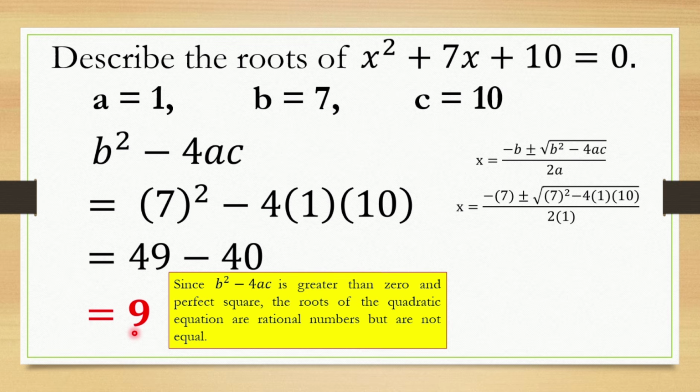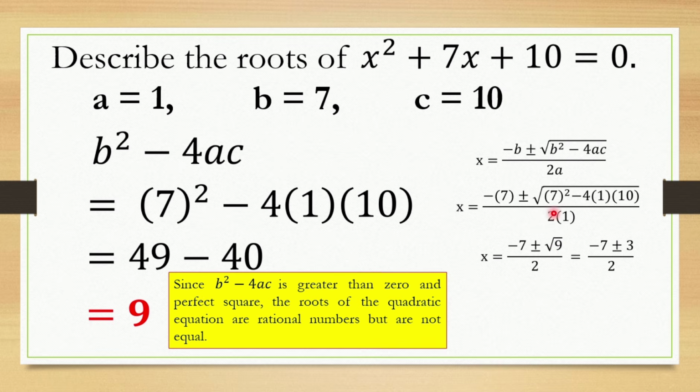So let us substitute the values. Lagay natin si b. Our b is 7. So ayan siya. And then square root of, since this is b squared, so 7 squared minus 4, our a is 1, c is 10. So 2 times a, since our a is 1. And then we will have negative 7, positive or negative square root of 9.